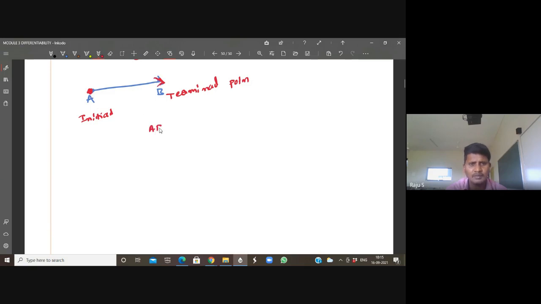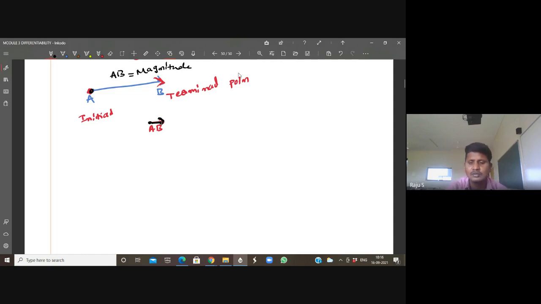So here AB is the vector AB. When I write the arrow symbol, it represents a direction from where to where? A to B. If I write simply AB without the arrow, what does AB mean? AB is nothing but the distance from one point to the other point, which is called the magnitude. With the arrow symbol it represents a vector; without the arrow, AB gives the magnitude.